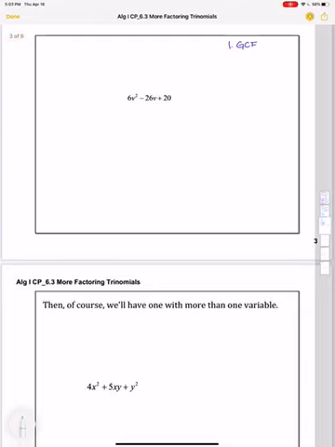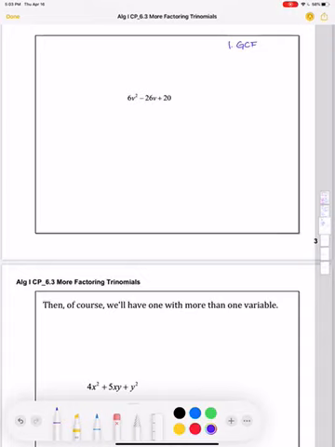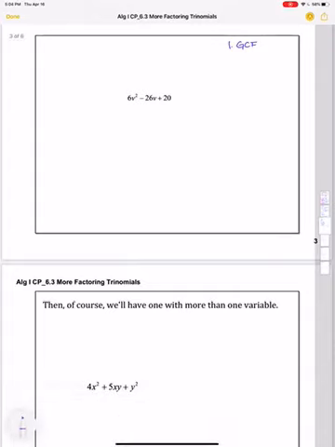Alright, so let's first look for a GCF. Is there a number that goes into all of these numbers? 6, 26, and 20. 2, right? 2 would go into all of them.